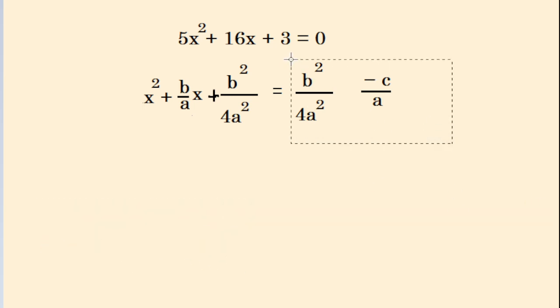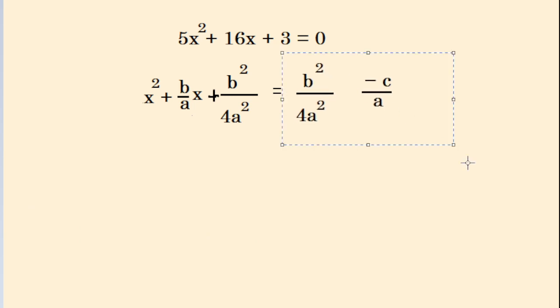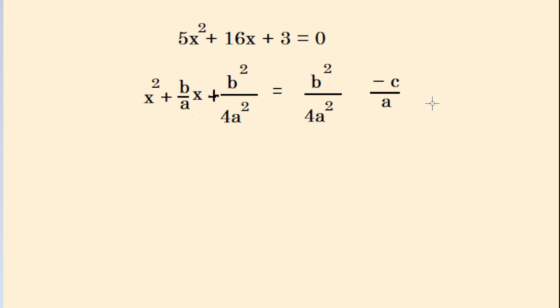Now we're gonna deal with this side, because it's kind of alright, but we can make it prettier. You definitely studied fractions and you know that to combine fractions, you need to make the bottoms the same.